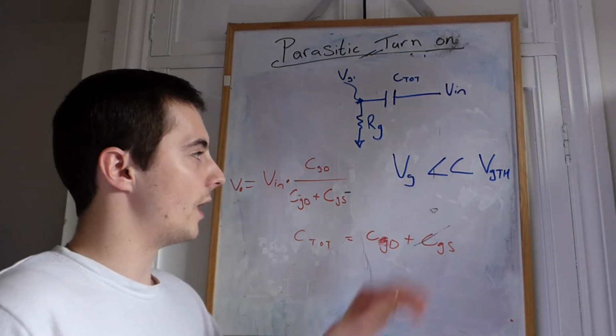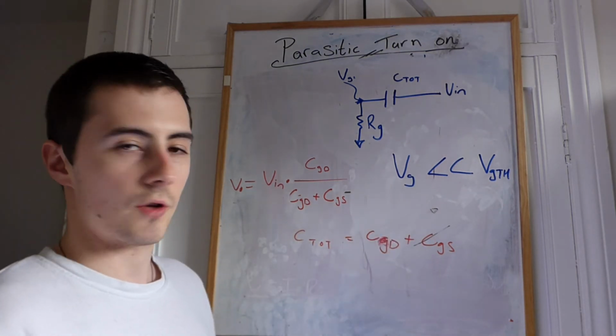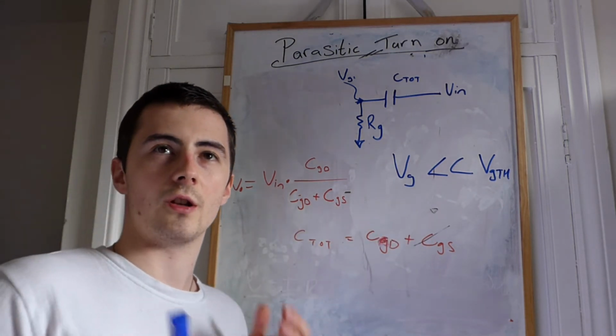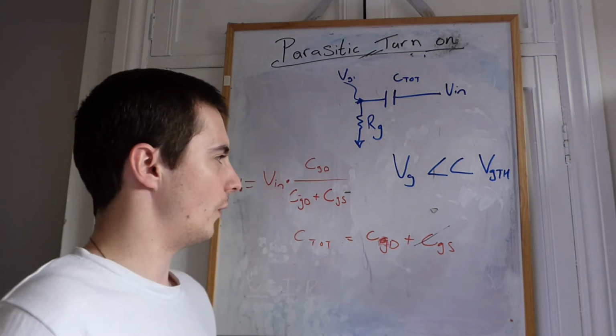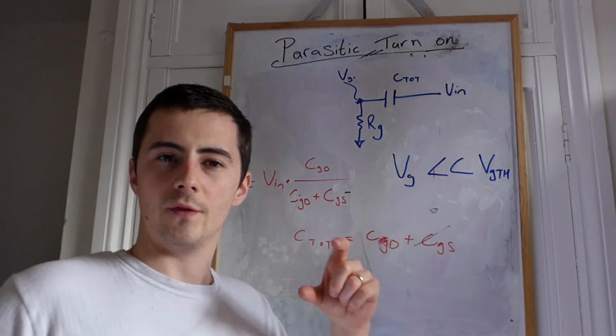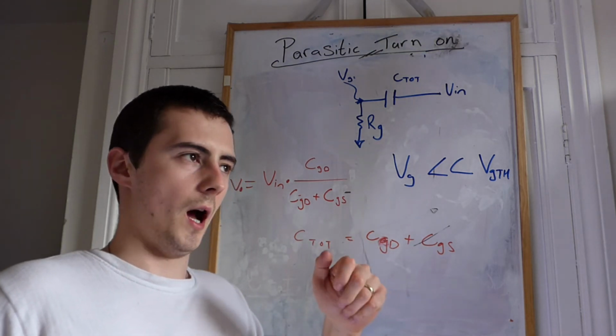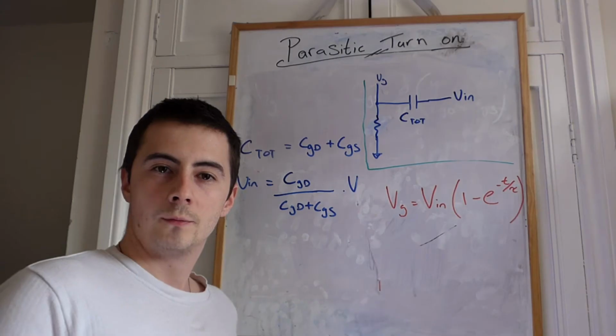And to be fair, it's even worse if it's just above the gate threshold voltage, because you're going to start turning on the MOSFET. It's going to be working in what I think is called the resistive area of the MOSFET. So it's not fully turned on, and it essentially is a resistor.